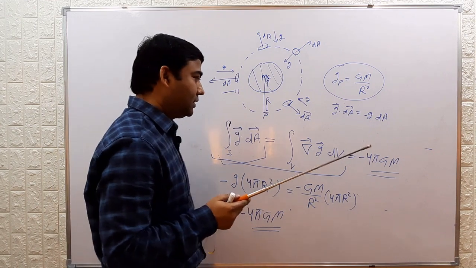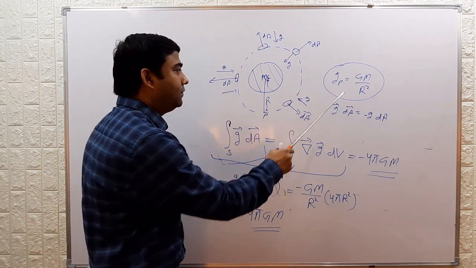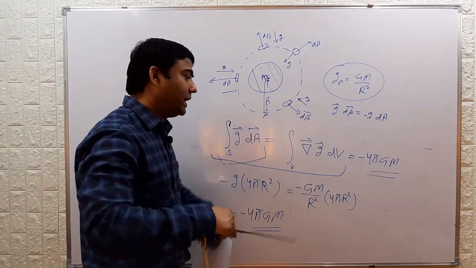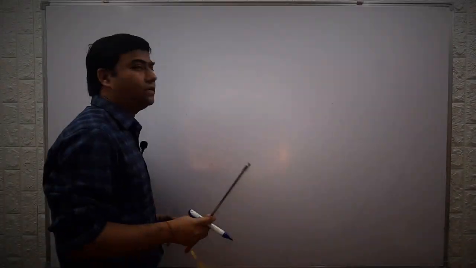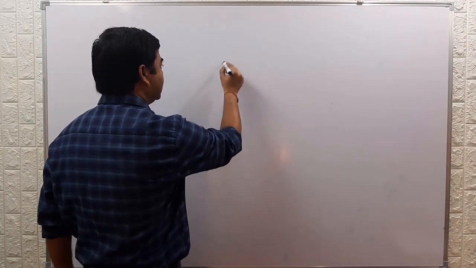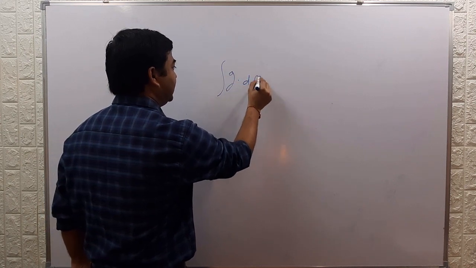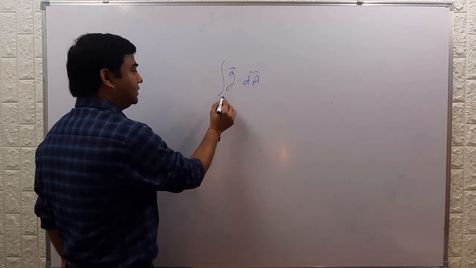This we have derived with the help of Newton's law of gravity as well as Gauss's law for any vector field. So Gauss's law for gravitational field we have derived as the integral of G dot dA, where G is the gravitational field.